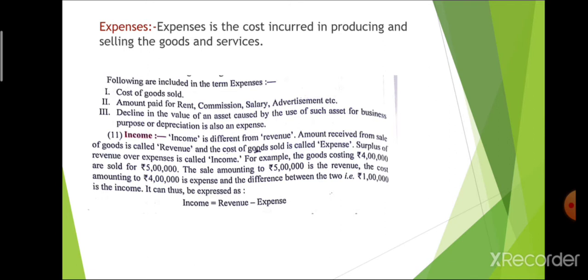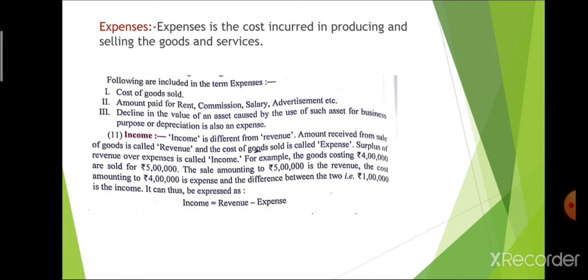For example, if we make some product like perfume, the cost involved for producing the perfume or the cost involved for selling the perfume is considered as expense. So here some expenses are given: cost of goods sold, amount paid for rent, commission, salary, advertisement, decline in the value of assets, all are considered in expense.